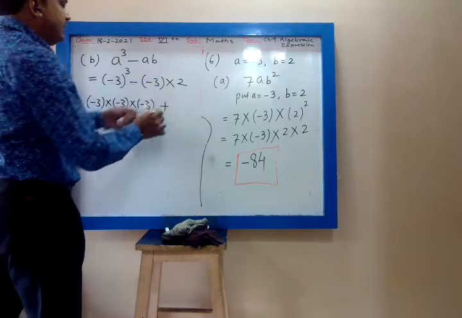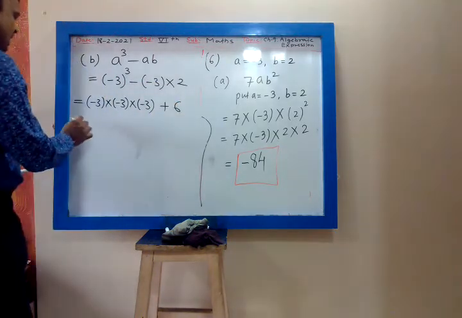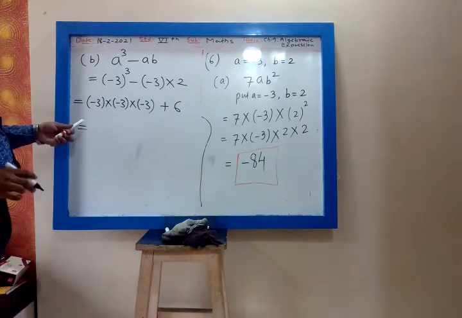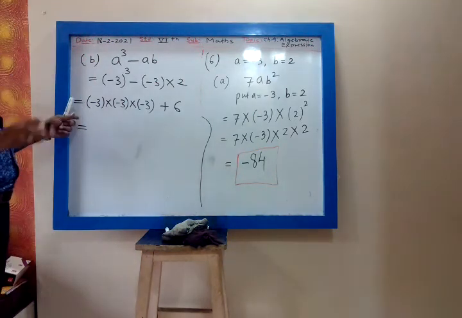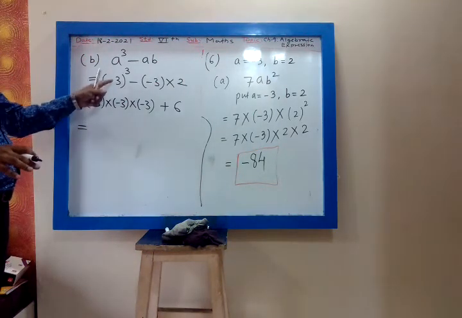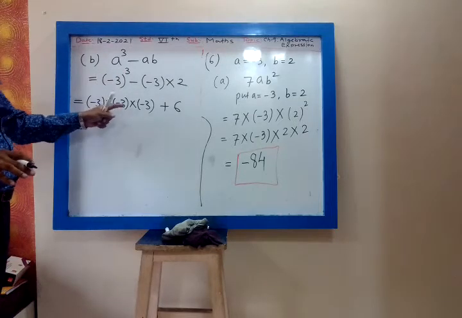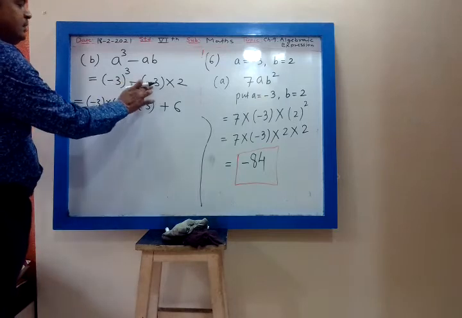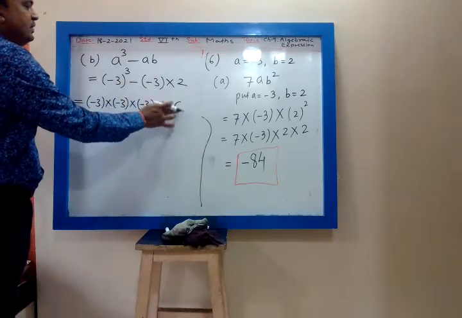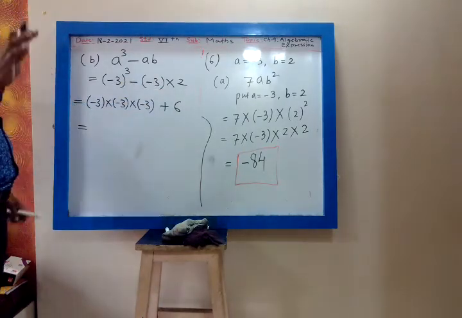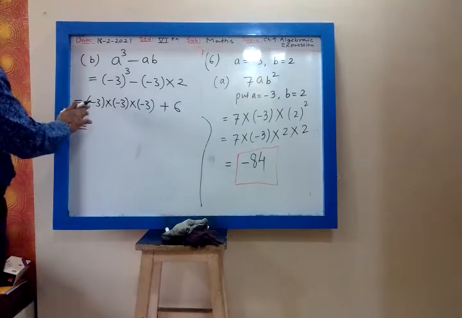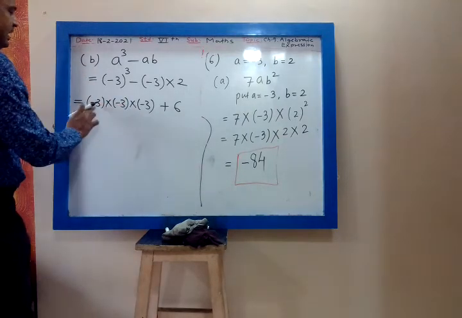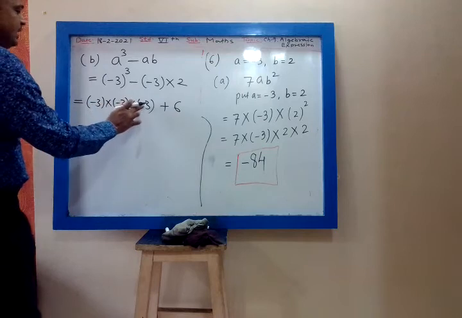Minus 3 into minus 3 is plus, 3 into 3 is 9. Then minus into minus is plus, now you have to multiply the signs: minus into minus plus, plus into minus minus.